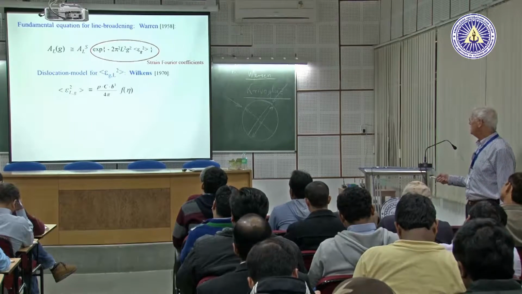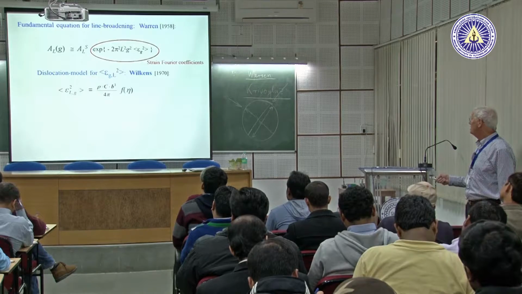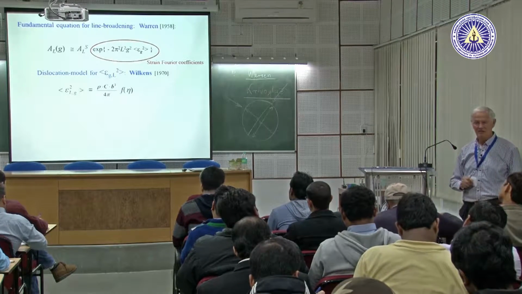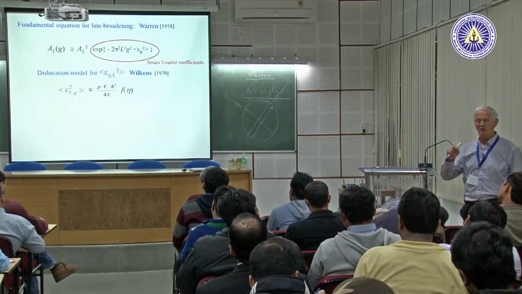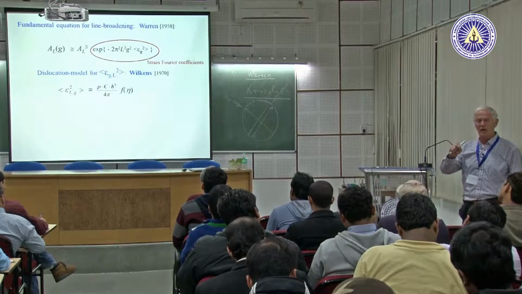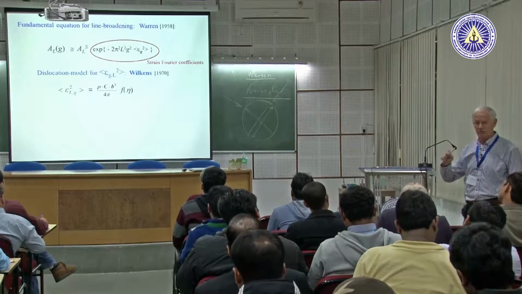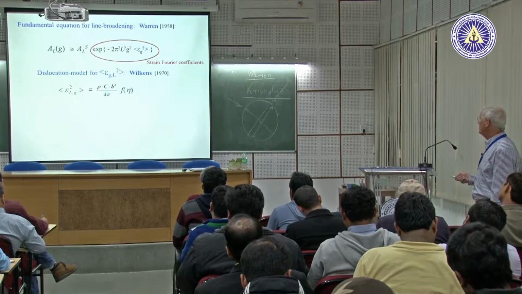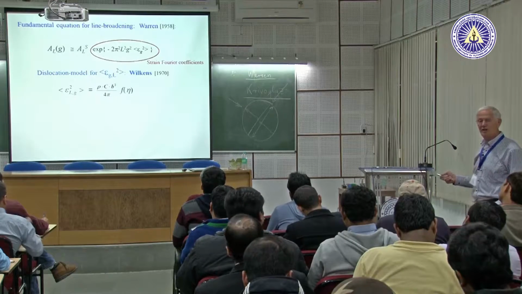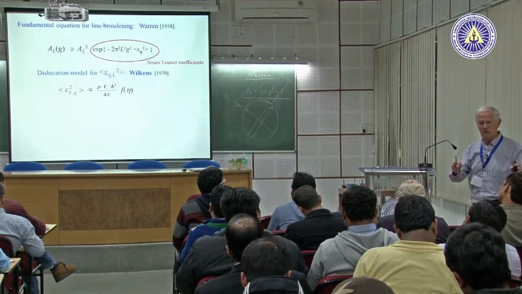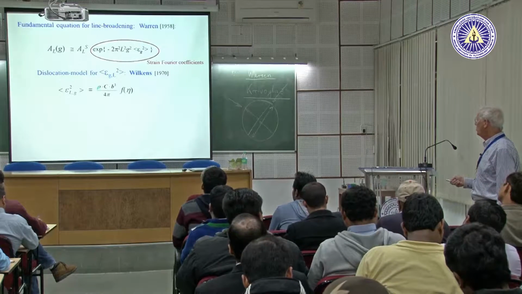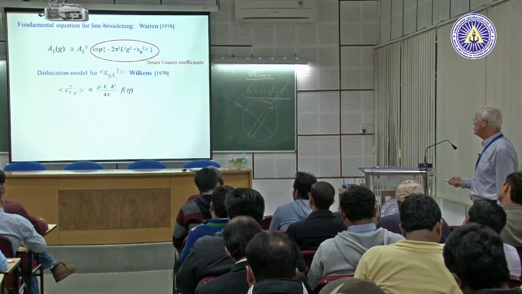And it can be written in this apparently simple form. That is the result of Wilkens, of Krivoglass and Wilkens, both. Now, in this expression, we can go, in a separate presentation, a bit into details. Rho stands for the dislocation density.